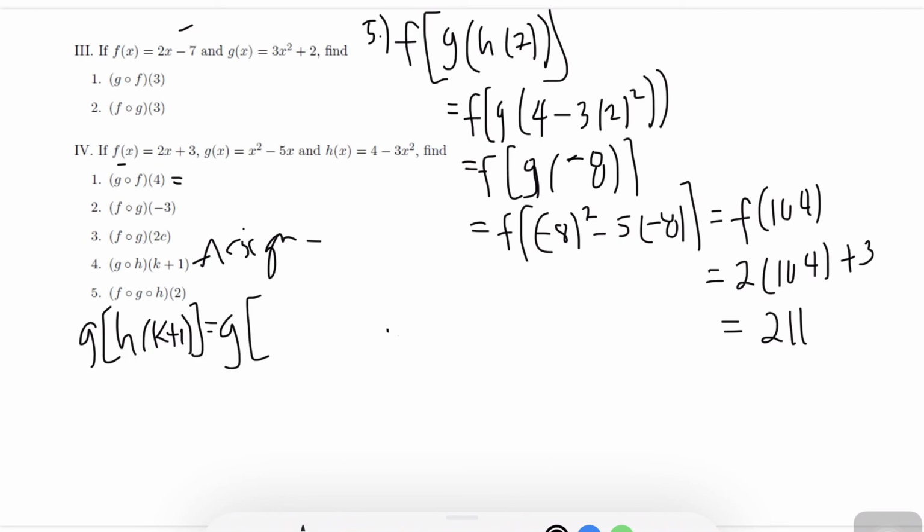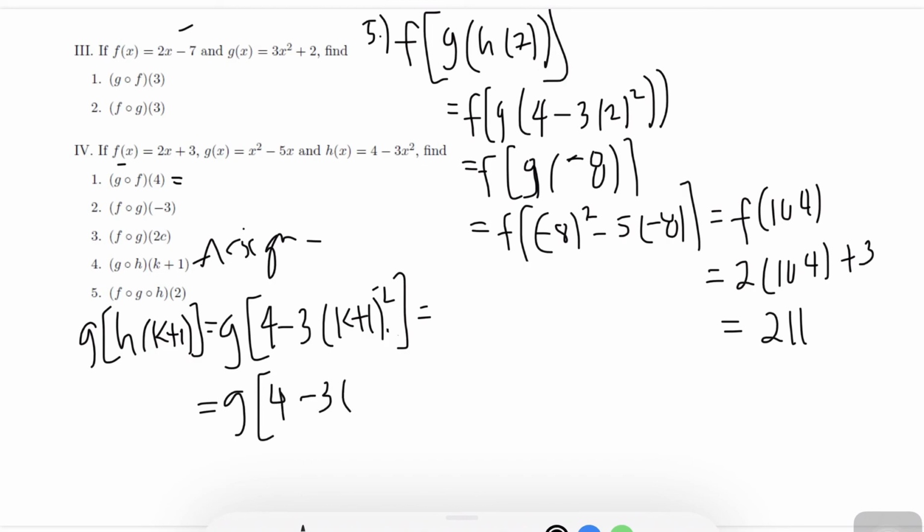Our h is 4 minus 3 times k plus 1 squared. So this will become 4 minus 3 times k squared plus 2k plus 1.